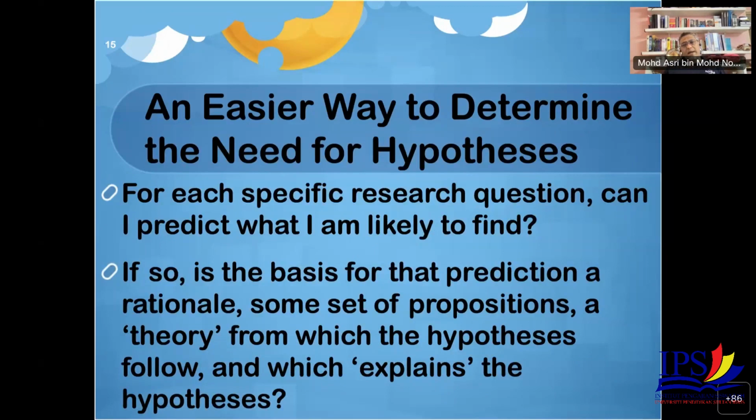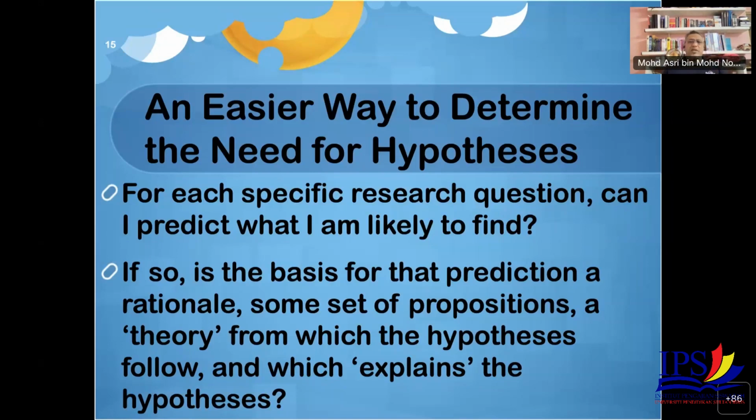So that's why when we want to do a research, we need to understand the problem first, and then we develop the problem statement, and then we develop the objective of the research, then we develop the research questions, then only we decide whether it has to be a quantitative or a qualitative research.